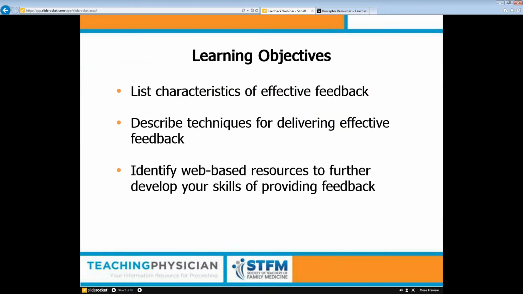So we have the learning objectives listed for today, but mainly I'd like to basically equip you with a way of thinking about feedback and to give you tools to deliver effective feedback. So part of the learning objectives are the characteristics, describing the techniques, and specifically, where can you find this information on the web later on when the webinar is done and you want quick access to things.